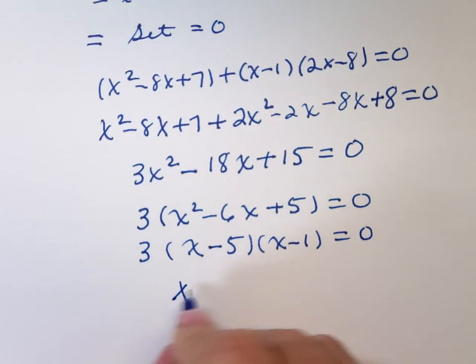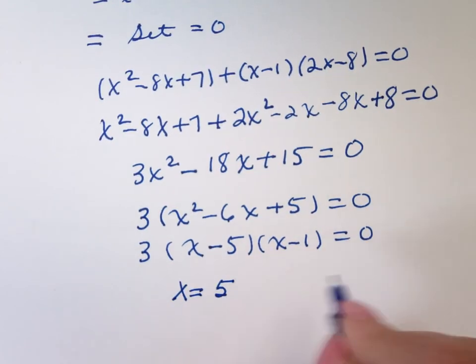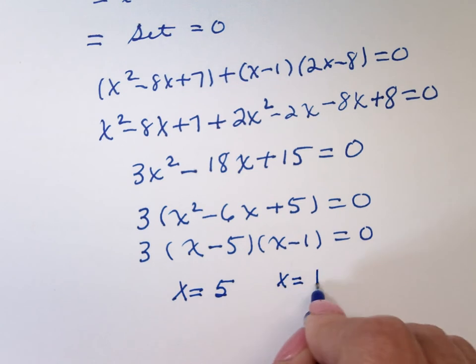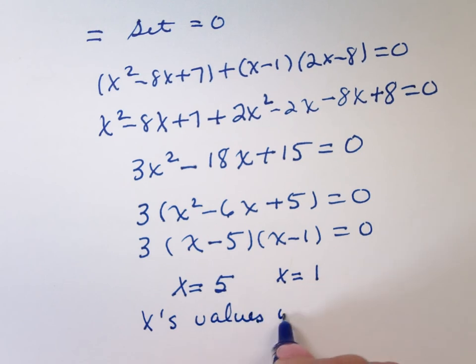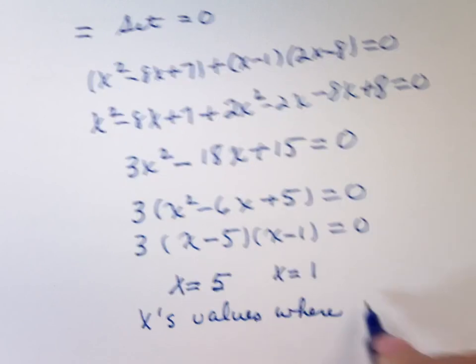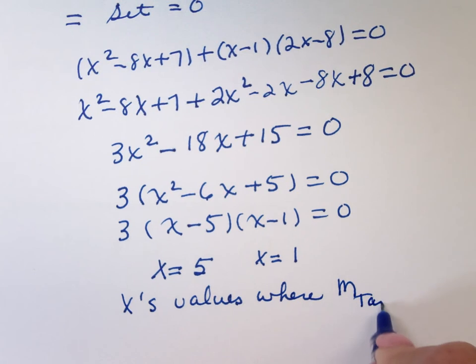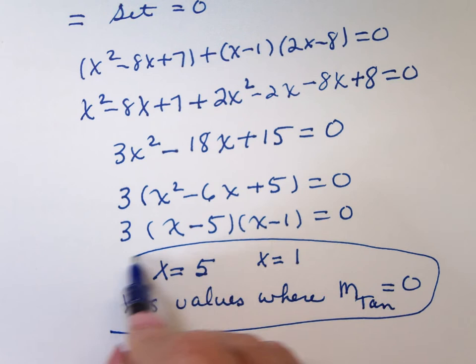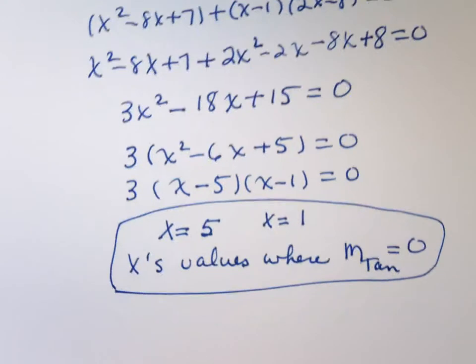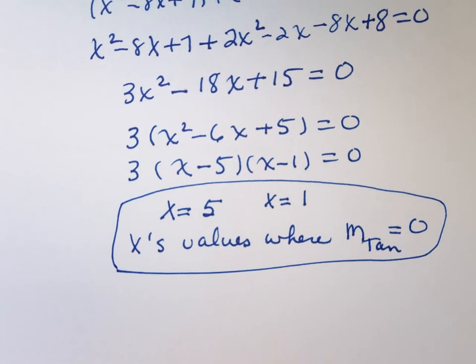So the x values, what are these? These are the x values where the slope of the tangent equals 0. Now, they don't want the x values.